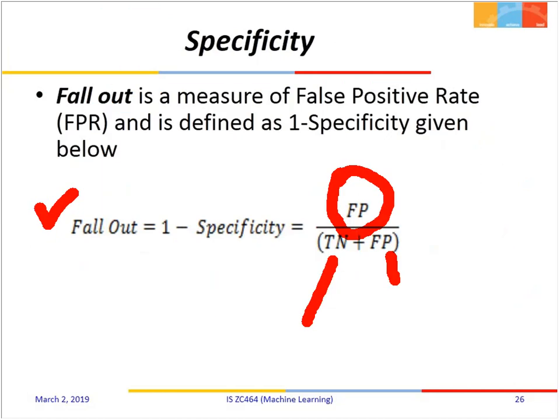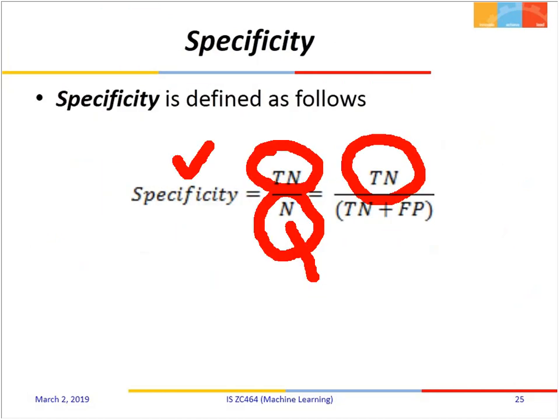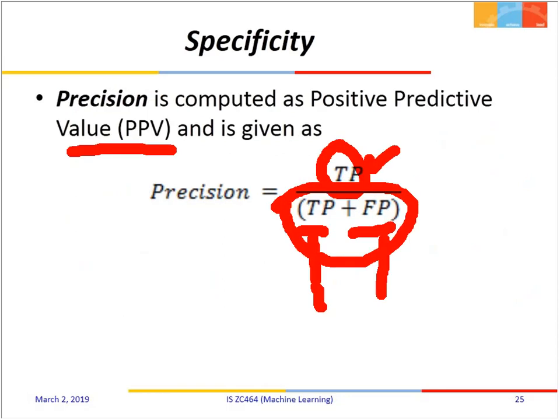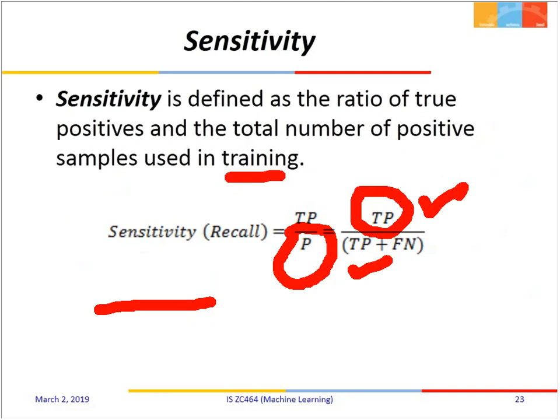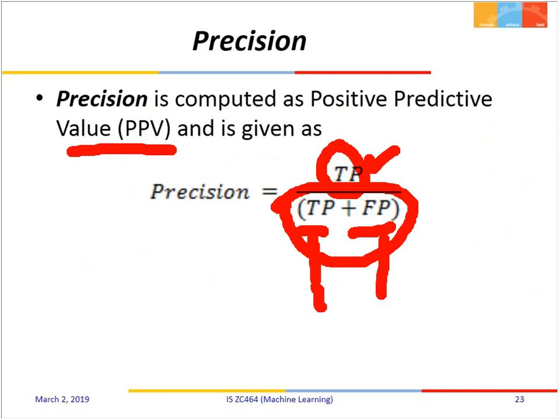What is your definition of specificity? So what is recall? Sensitivity is recall. And true positive divided by true positive plus false negative. TP divided by TP plus FN.